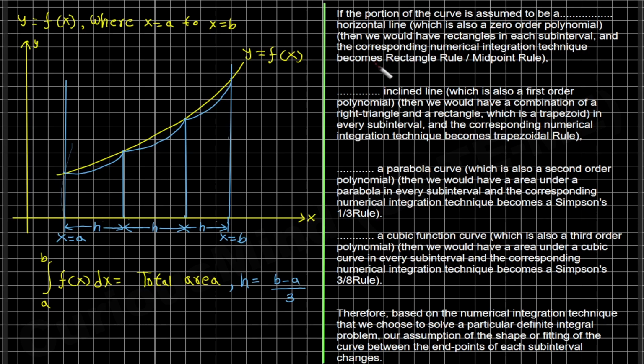Now, if the portion of the curve is assumed to be an inclined line, which is also a first order polynomial, then we would have a combination of a right triangle and a rectangle in each subinterval.